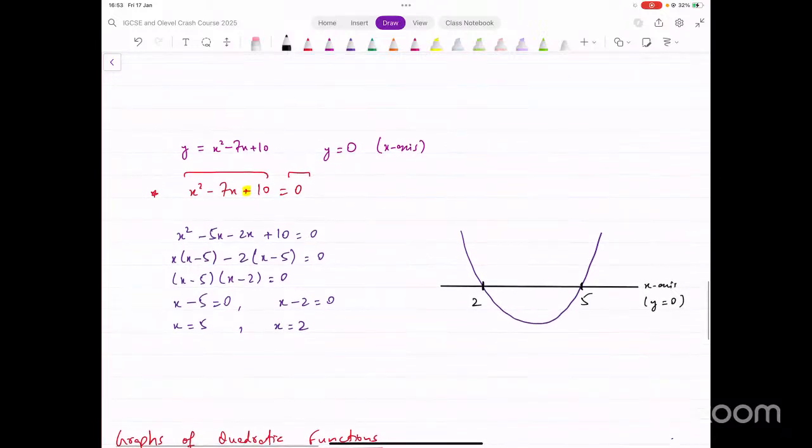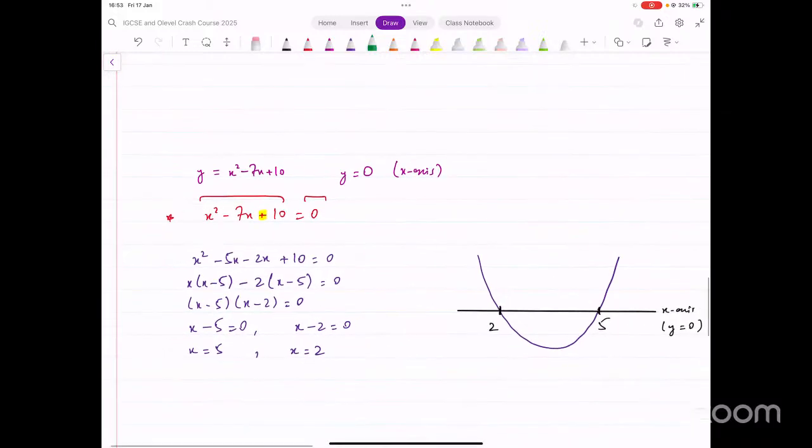So when we solve quadratic equations like these, where we have 0 on the right side and a quadratic function on the left side, the values of x that we get from the solution basically represent the x-intercepts of this graph.